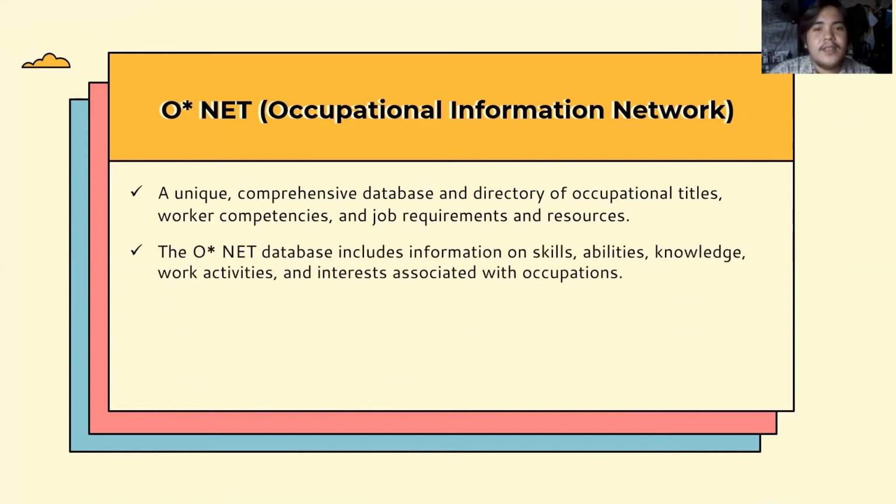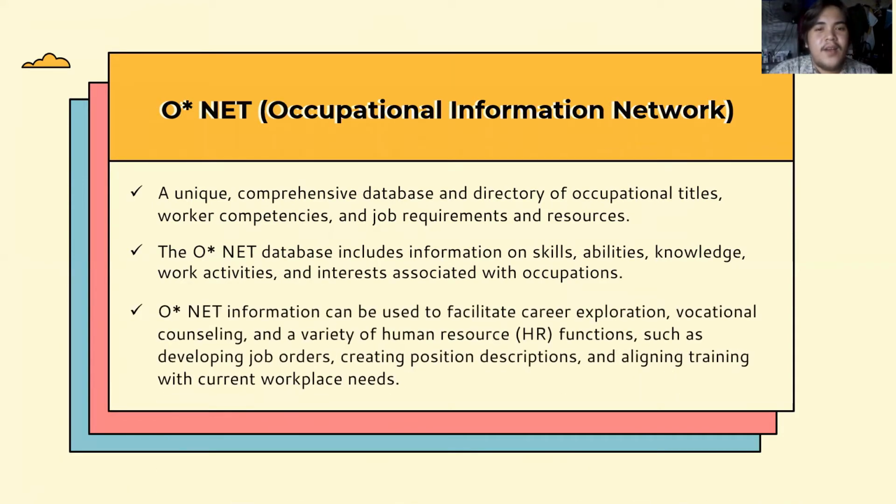Second, the O*NET database includes information on skills, abilities, knowledge, work activities, and interests associated with occupations. O*NET information can be used to facilitate career exploration, vocational counseling, and a variety of human resource, or HR, functions such as developing job orders, creating position descriptions, and aligning training with current workplace needs.